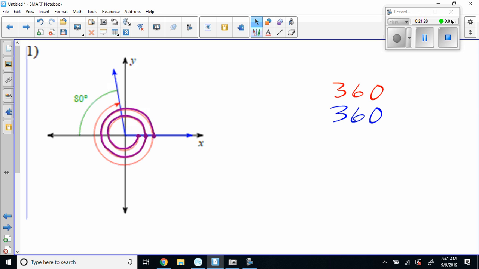So we're going to try to keep it as simple as we can. From here, I'm going that far. How much am I? And then how much is this?